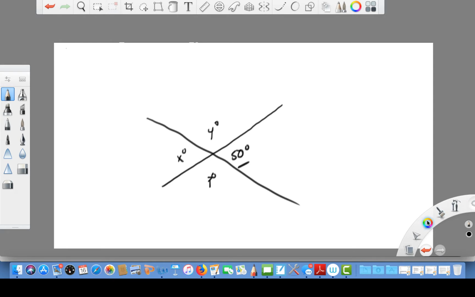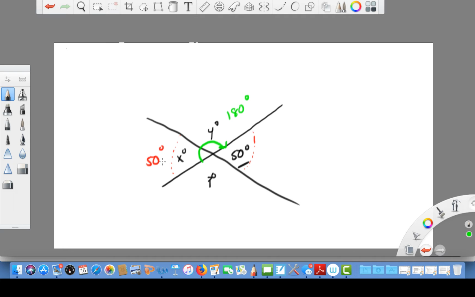Well, if you remember in your other math classes, this angle here is the same as this angle here. So we already know x. We also know that we can figure out a couple of really interesting things because this is a straight line. We can say that this and this equals 180 degrees.